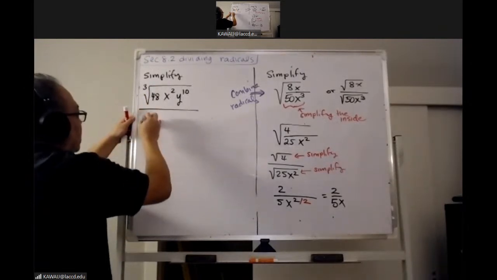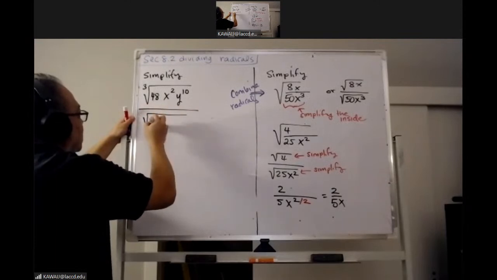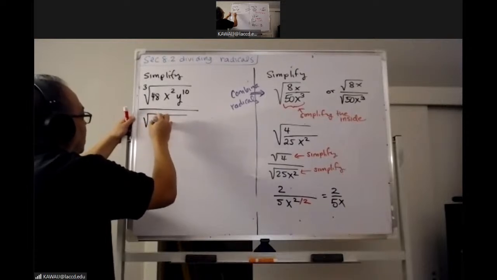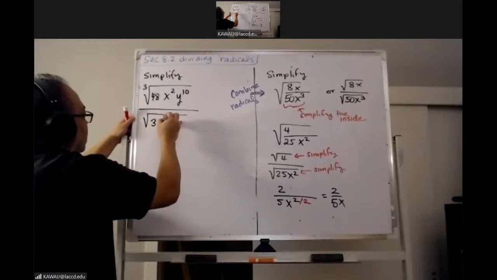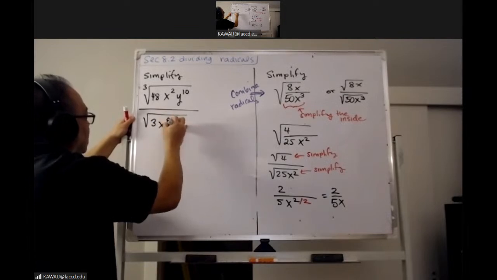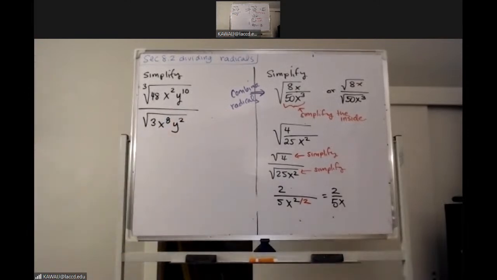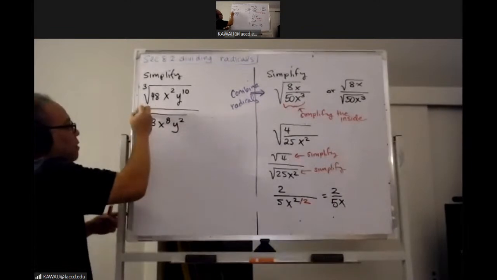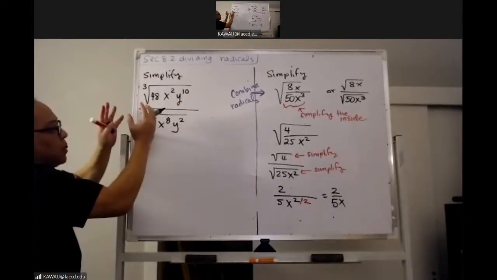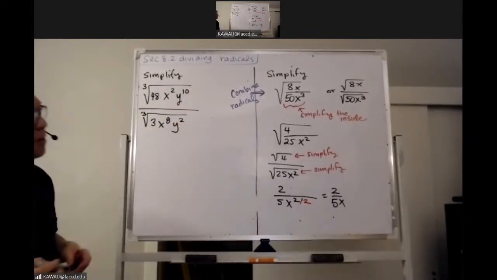And then over here, let's make it 3x8y squared. Okay, so do the same thing I did over there. Combine them and then simplify on the inside.